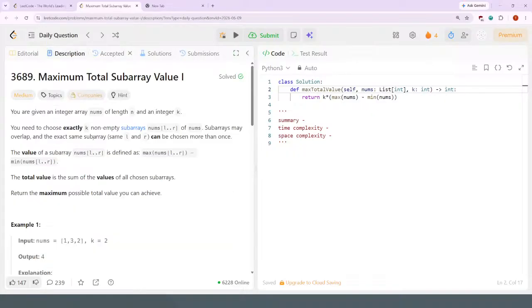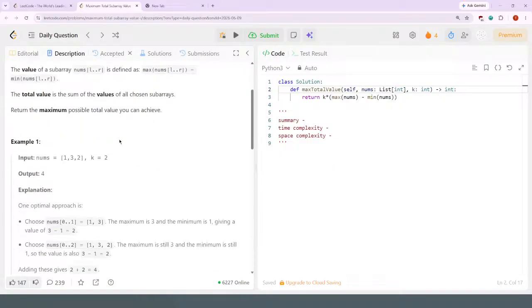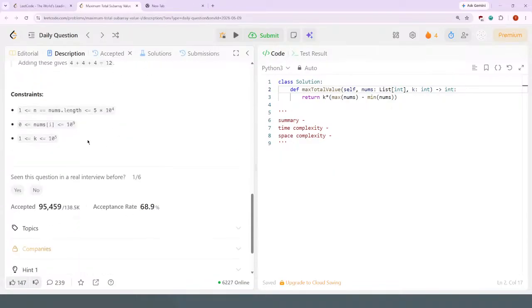Obviously, if there is a biggest difference between the max and the min, that is strictly positive, because all the values in here are positive, so there's no way that the max and the min can have a negative difference.